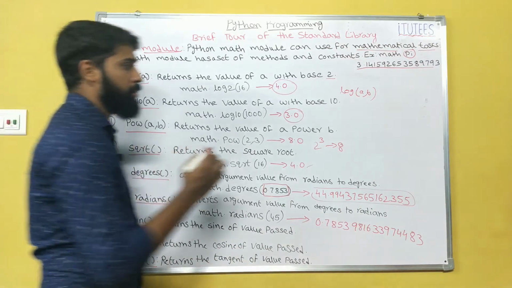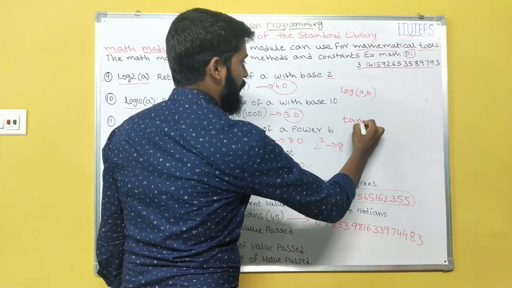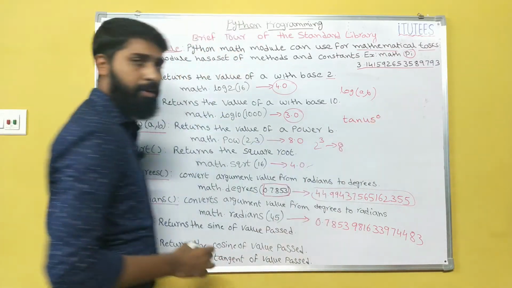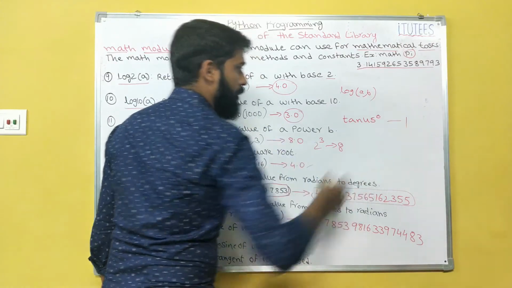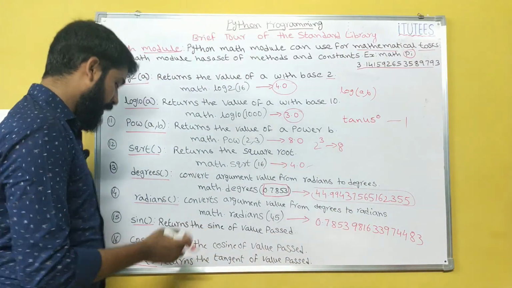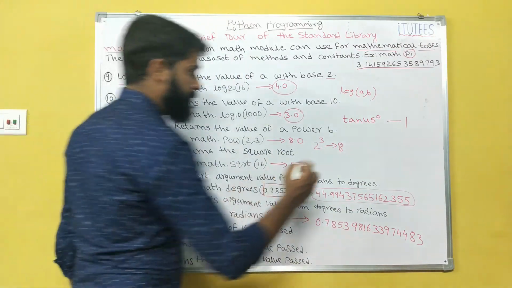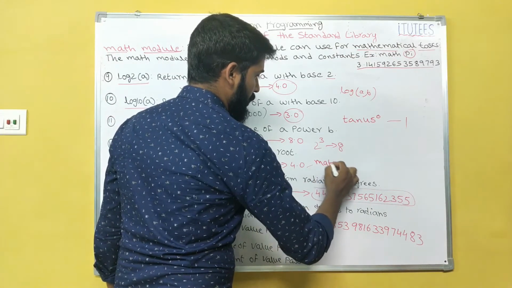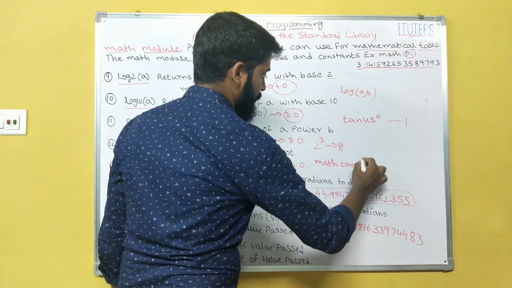For example, I want to know tan 45 degrees. Tan 45 degrees is 1, we all know that. So how can we find this? math.tan.